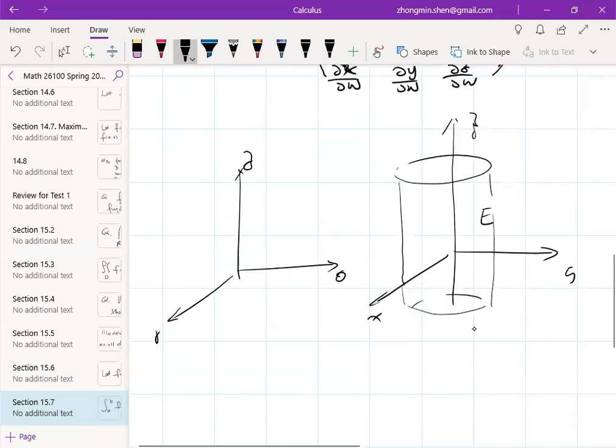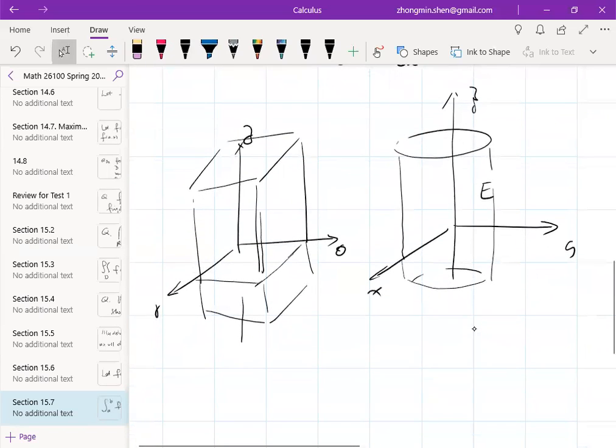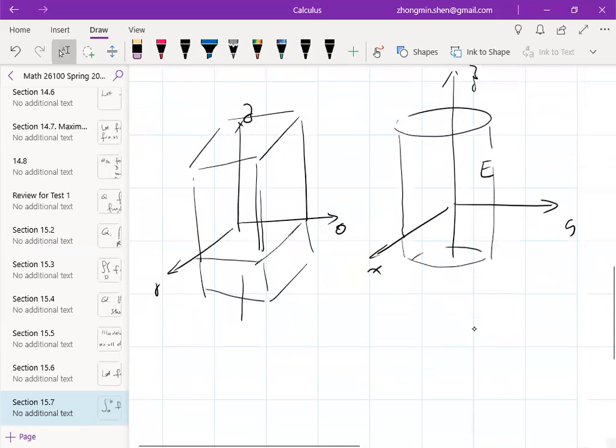So the idea is you get a rectangle. Z is the same z, but as the rectangle becomes a circle.